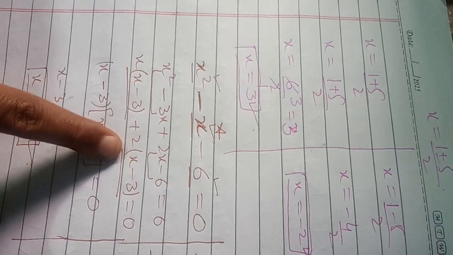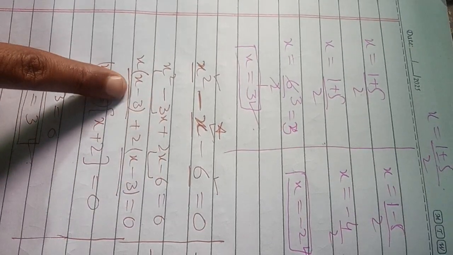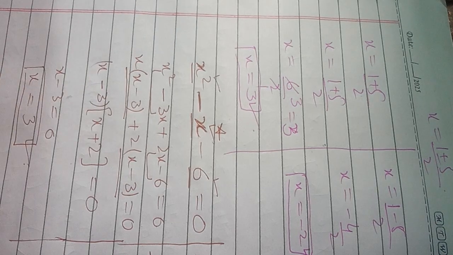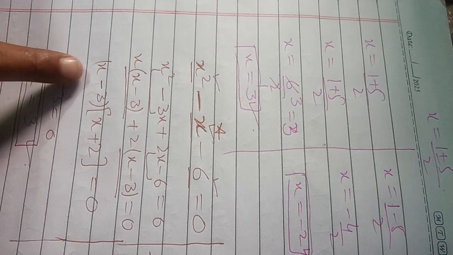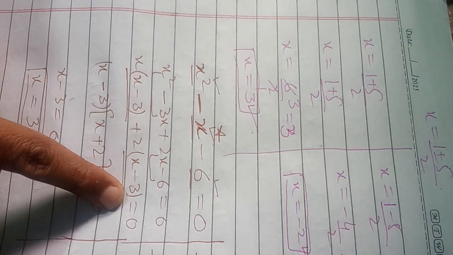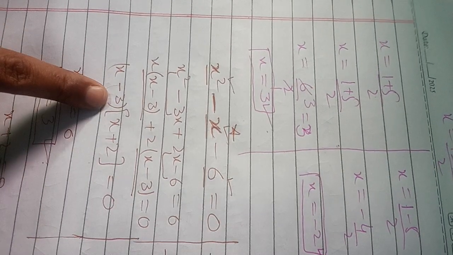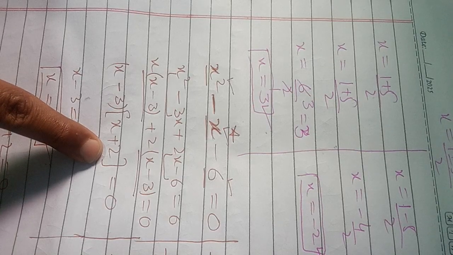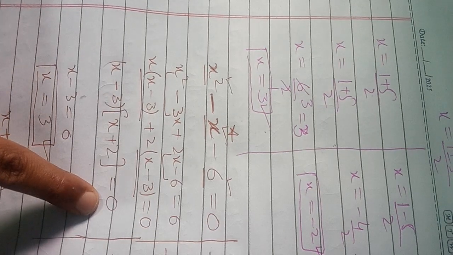So after factorizing both pairs, we have received the same x minus 3. So our factorization is correct when we receive the same remaining terms, that is x minus 3 in both. When we take x minus 3 common, then we will receive x plus 2, which is equal to 0.